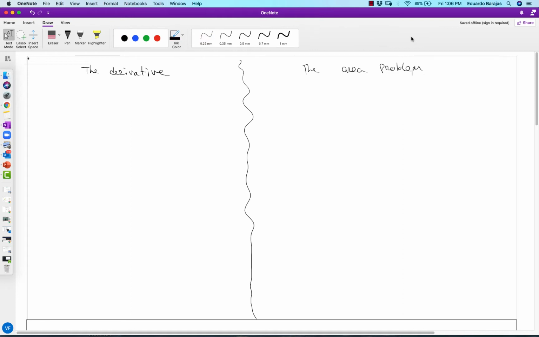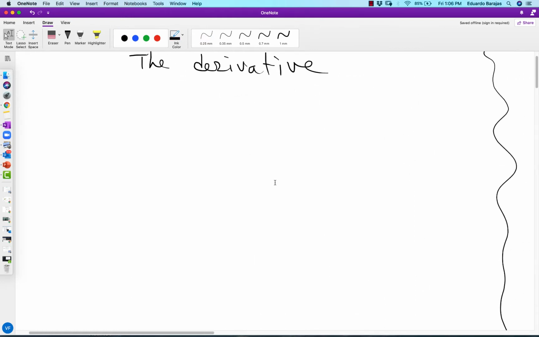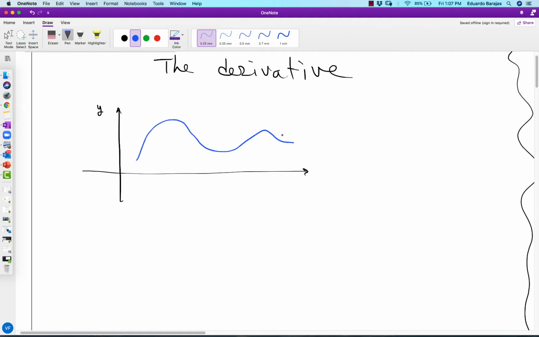Okay, so let me zoom into the derivative for a little bit. In the question about the derivative, we were looking at things like this. If we had a function, and we use x way too much, I want to save my x.